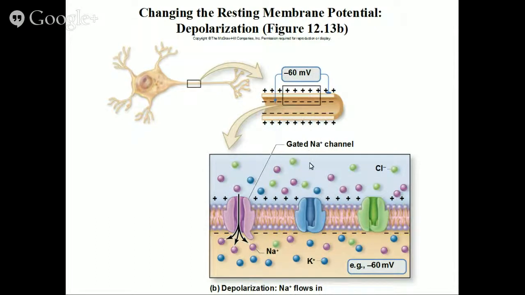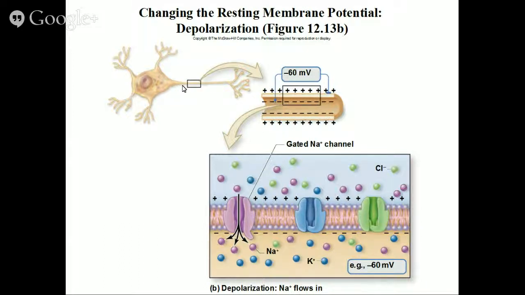the fact that we can now change the resting membrane potential by causing depolarization. At some point in time, neurotransmitters were released from a presynaptic neuron. The neurotransmitters landed on the dendrites in the cell body of this postsynaptic neuron, therefore leading to a greater potential, and therefore leading to an action potential on the axon.